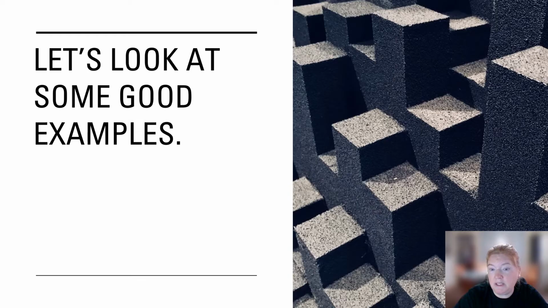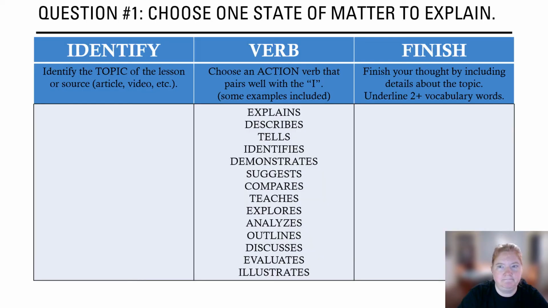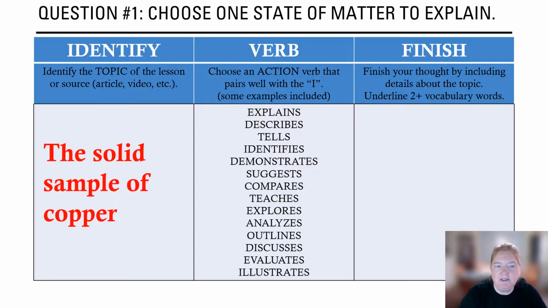So let's look at some good examples so you can see what I'm talking about. Say, for example, we did a lesson about the particles in the states of matter. And then you were given a question. The question said, choose one state of matter and explain it. Okay, so we looked at a sample of copper in this activity.